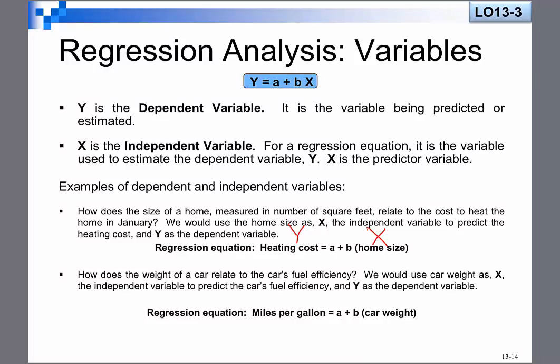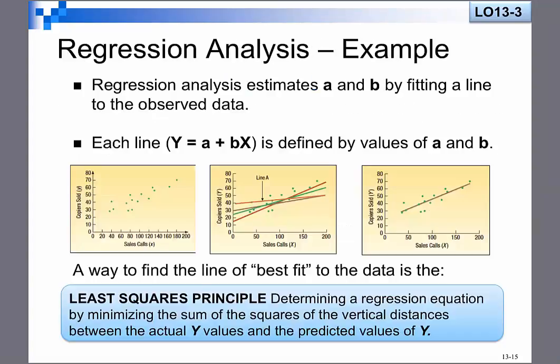In the setup for change in Y, the Greek letter delta, over change in X, the one that moves first is always your denominator, as that changes by 1. Then something happens to the Y. Your X is going to determine or predict what happens to Y. Can't say that enough. So the regression analysis estimates A and B by fitting a line to the observed data.